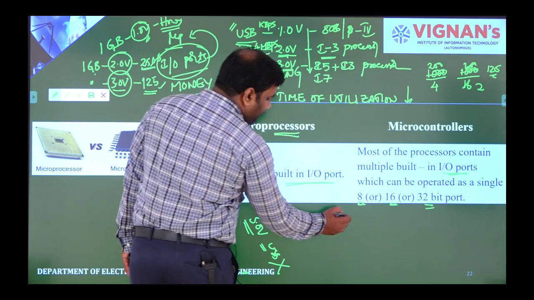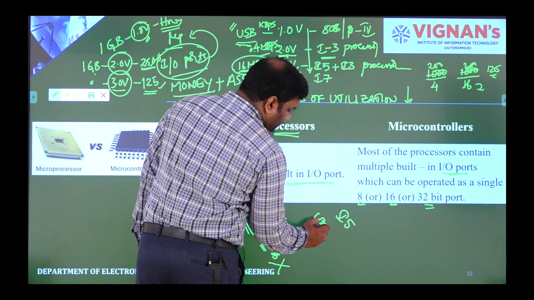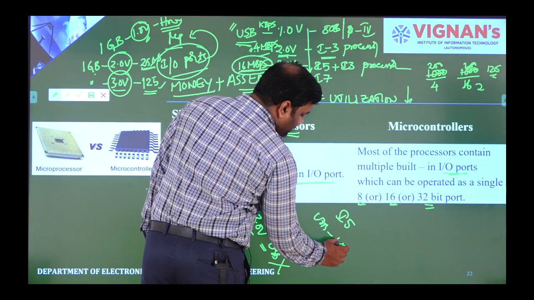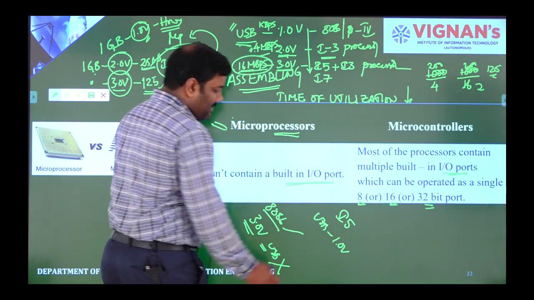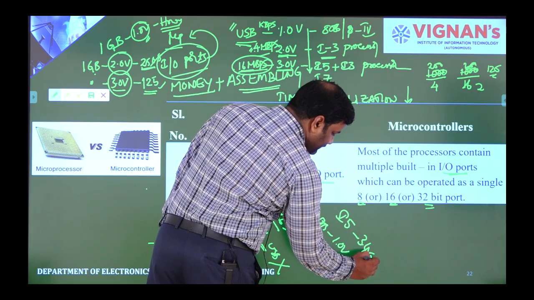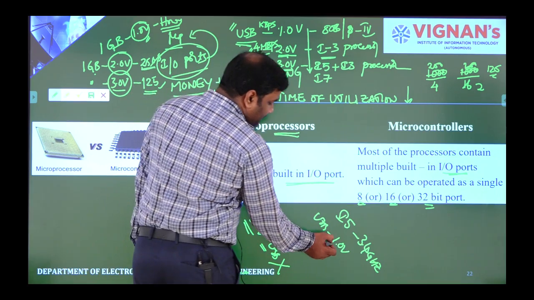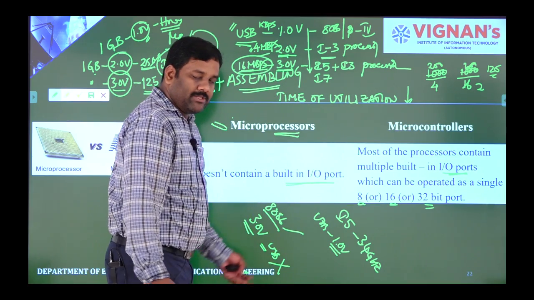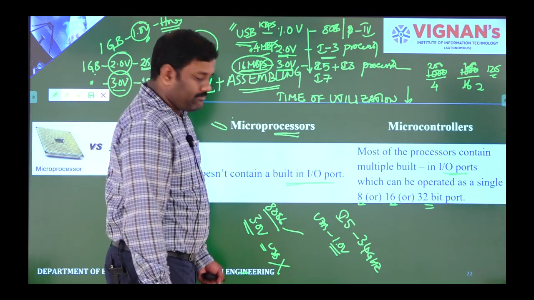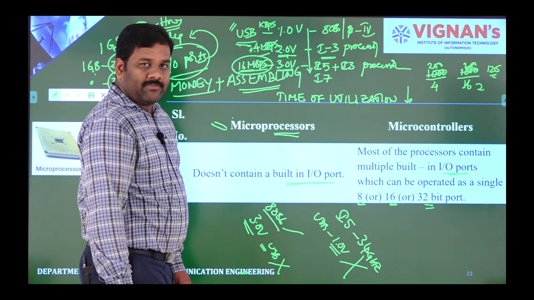At the same time, I am using an i5 processor and my USB is the 1.0 version. The processor speed is 3.4 gigahertz frequency, but the port supports only the 1.0 version. Again, the data transfer will not take place properly.